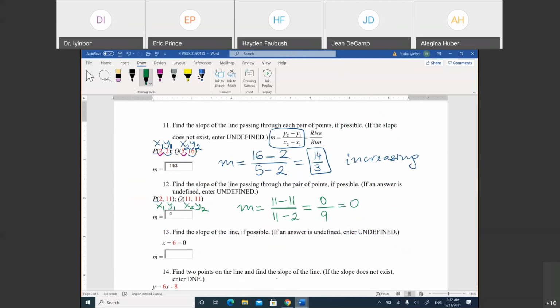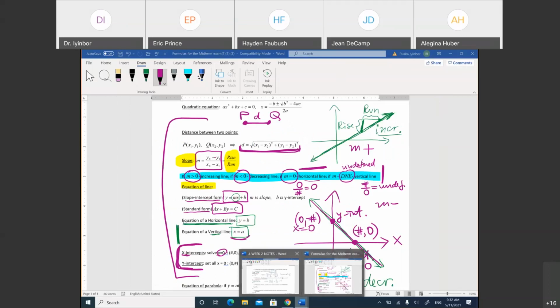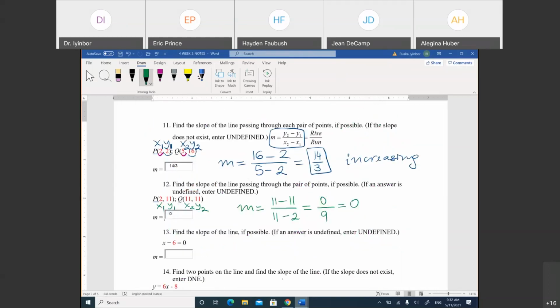Got it? Okay, any questions? So if the slope is 0, we have horizontal. So I'm going to write it horizontal. Everybody understand that?